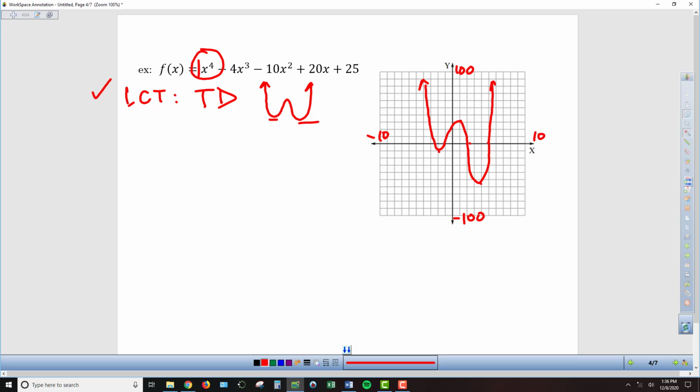So now again, remember, we had those 2 zeros. There was one here at x equals -1, and there was one right here at x equals +5.